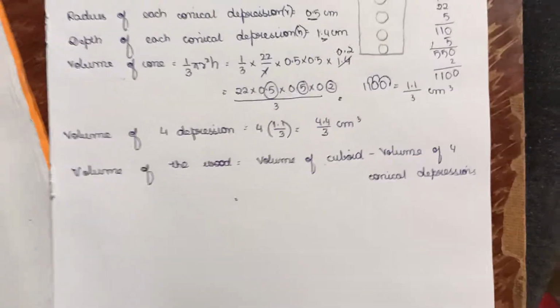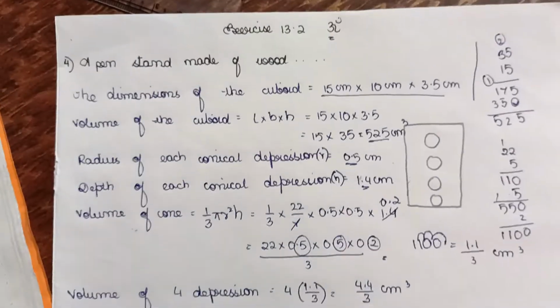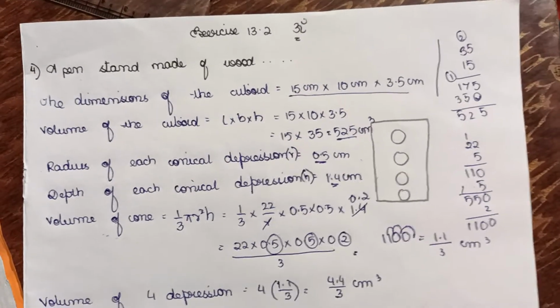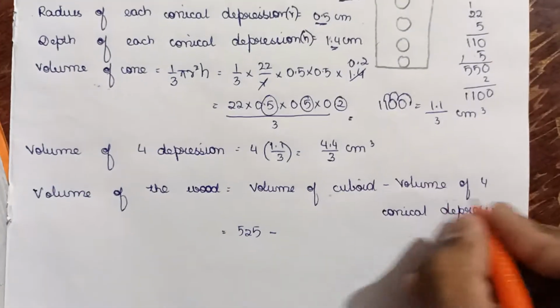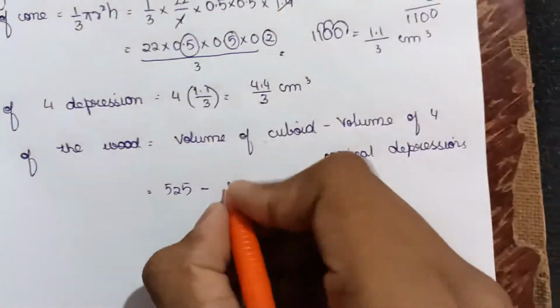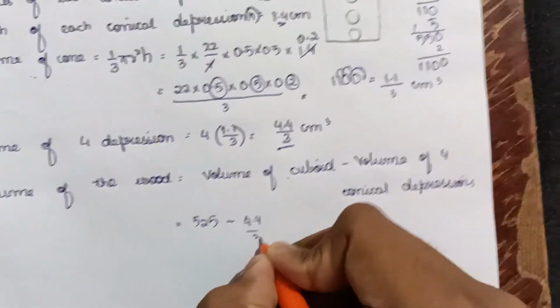The volume of the cuboid we got is 525 centimeter cube, and the volume of 4 conical depressions is 4.4 by 3.